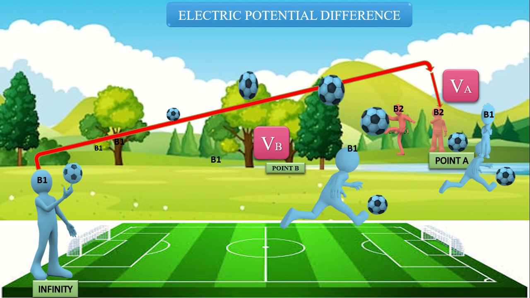Now you should be aware that when B1 brings the charge from infinity to point A for the first time, he spends a lot of energy. And again he went back to infinity when B2 kicked the ball. The energy is spent twice, just like when a stored battery is used, it keeps on discharging.